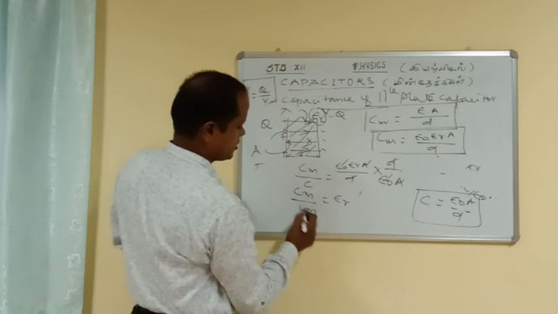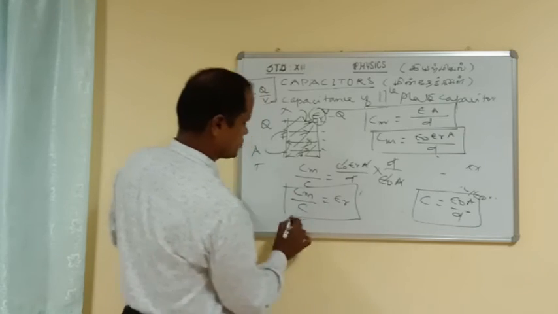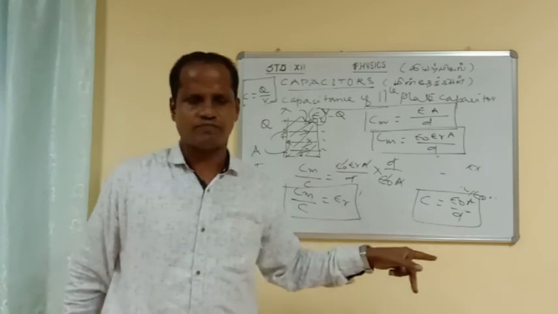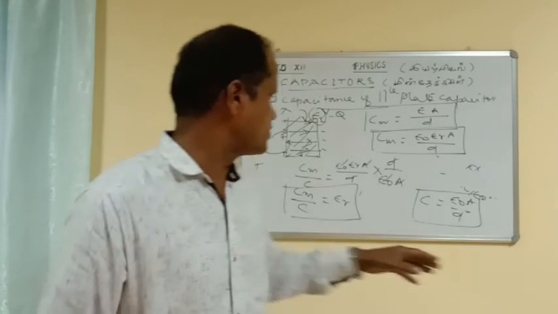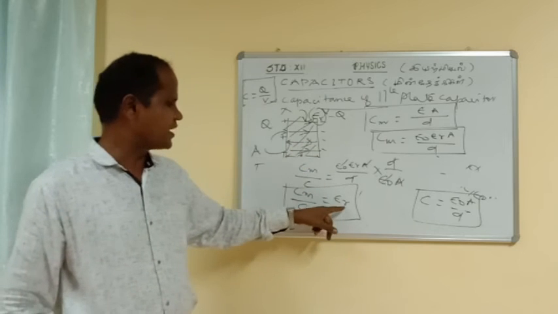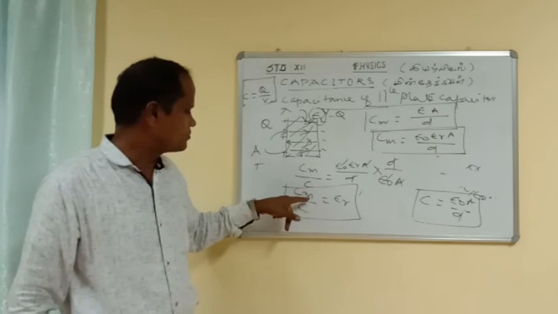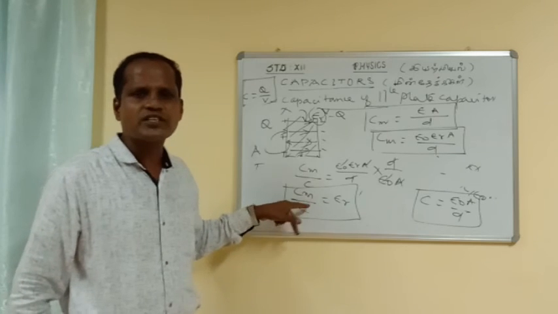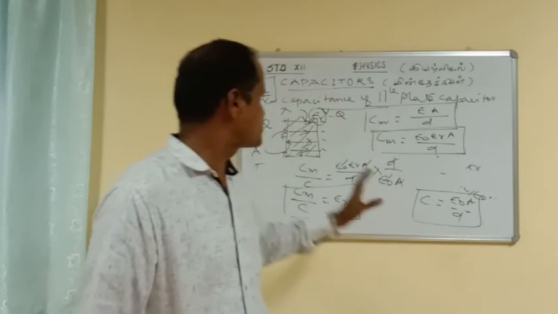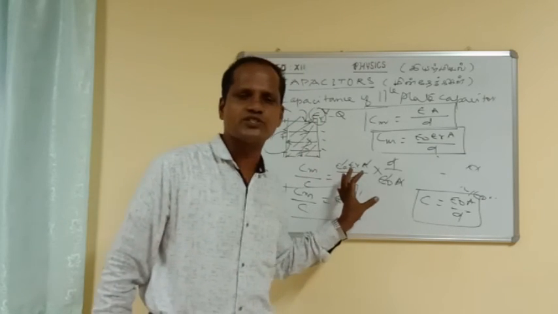Okay, so here, the dielectric constant of that medium, suppose we introduce a dielectric medium, the dielectric constant is given by the capacitance in the medium divided by the capacitance in air of the same parallel plates. So the same parallel plates are used.